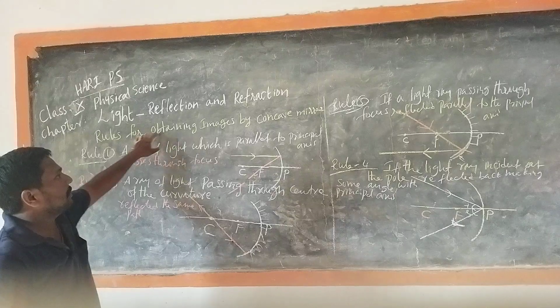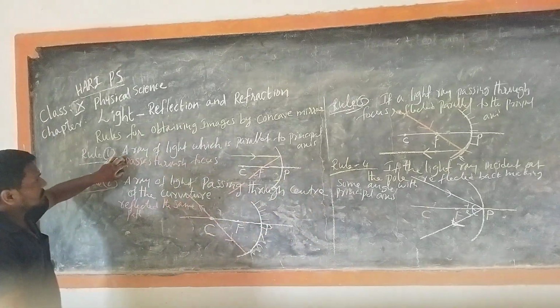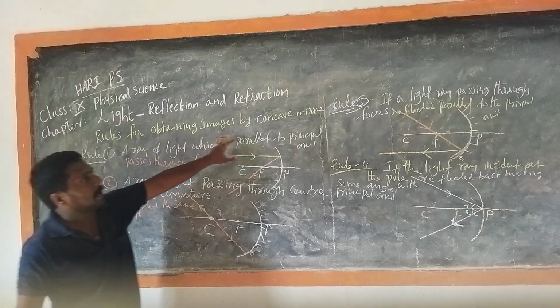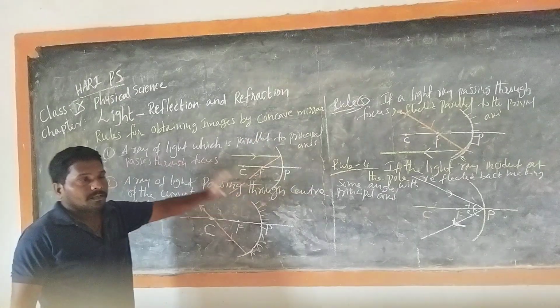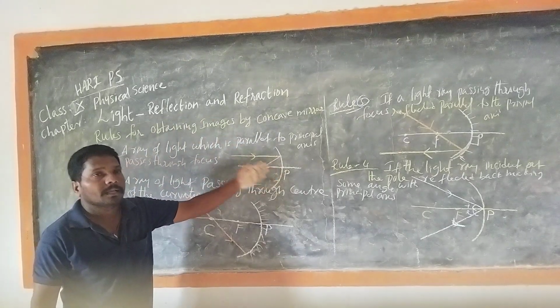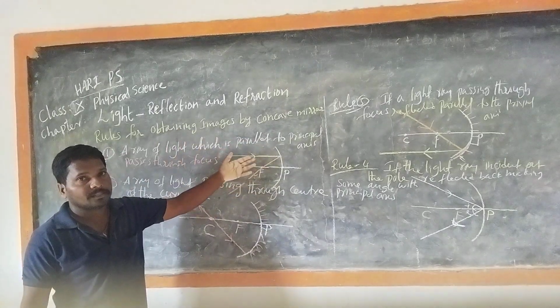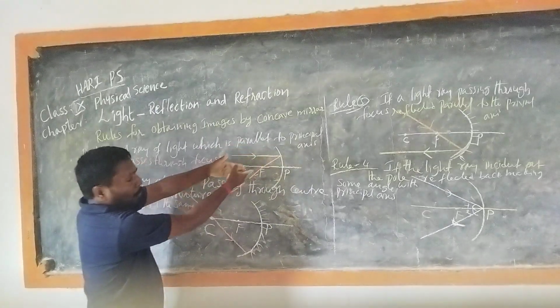To understand the image formed by a concave mirror, the first one is a ray of light which is parallel to the principal axis. If the rays are incident on the concave mirror parallel to the principal axis, after reflection they pass through the focus.